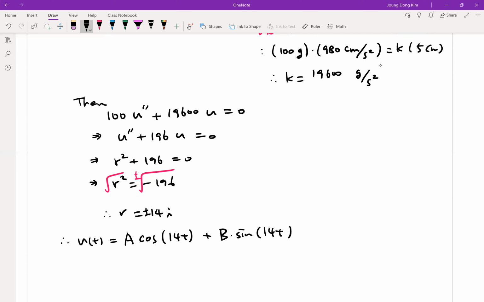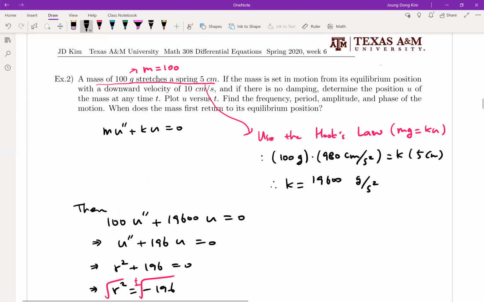But in this problem, we have some initial conditions to determine A and B. Let me come back to the problem. The motion starts from the equilibrium position, which means there's no displacement at the beginning, so u0 equals 0.